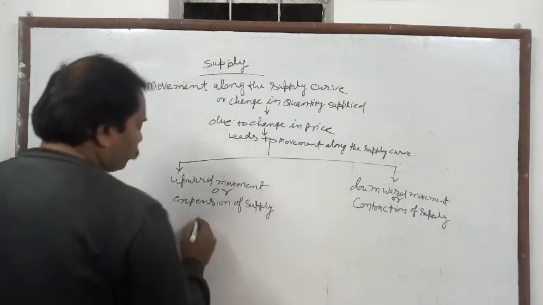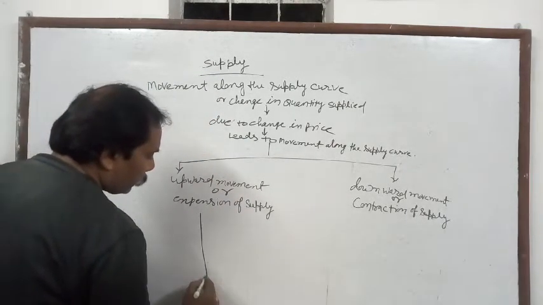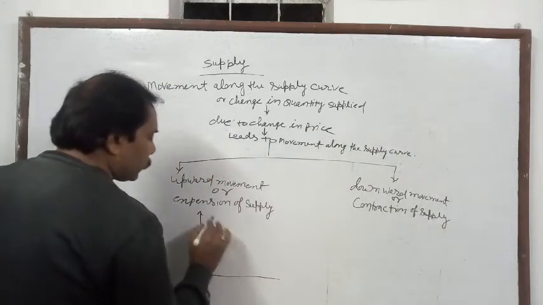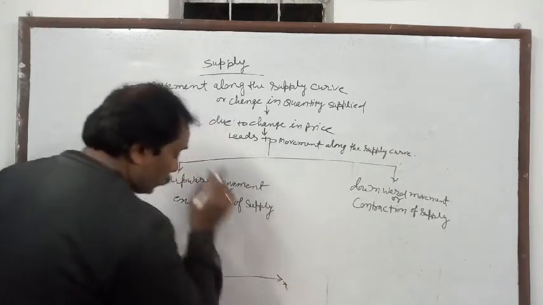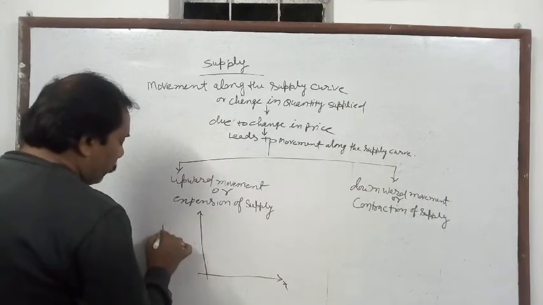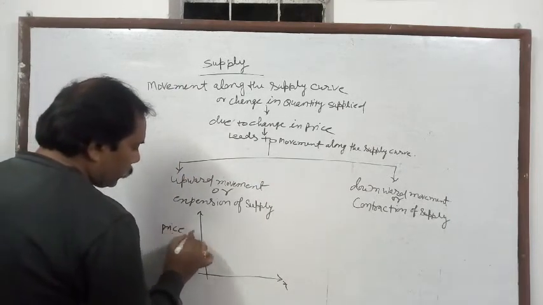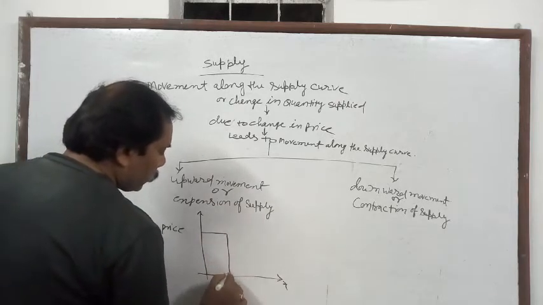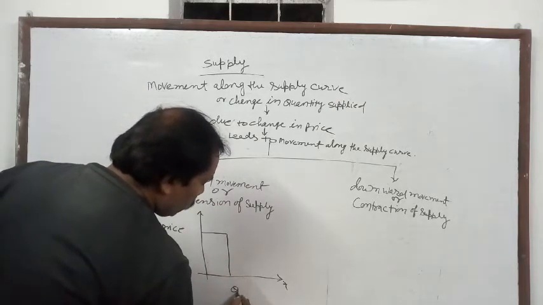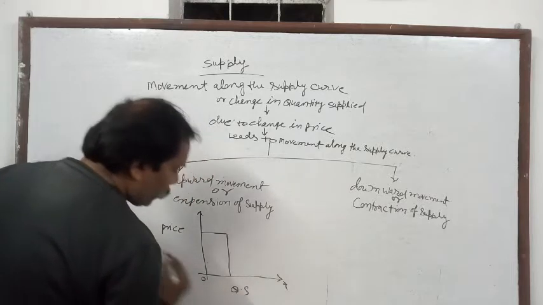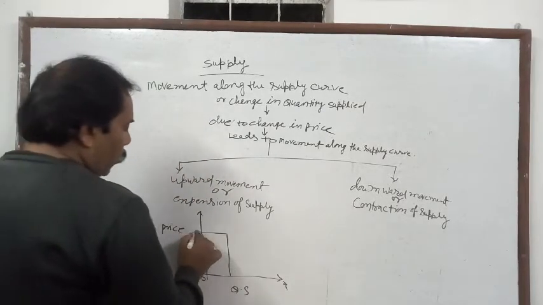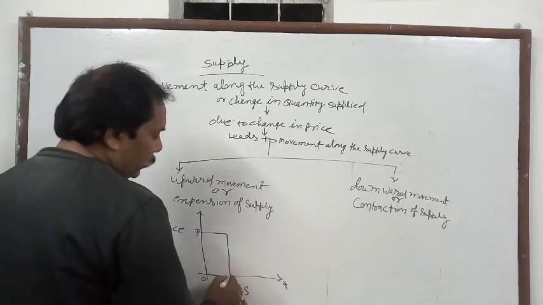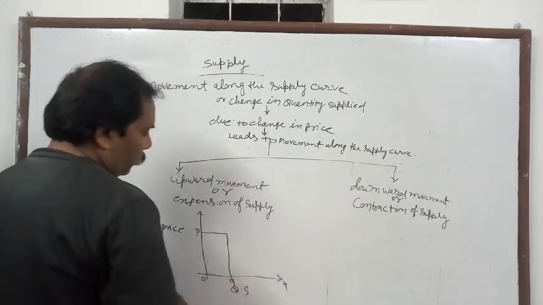Suppose this is the y-axis, this is the x-axis. Here P is the price and this is the quantity supply. So OP is the price and at this price the quantity supply is OQ.